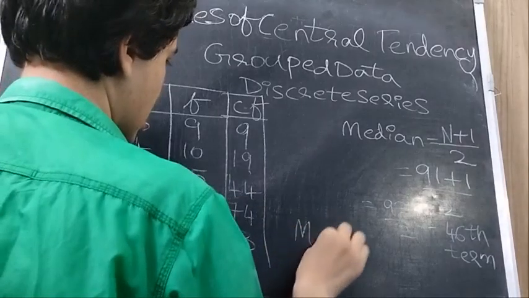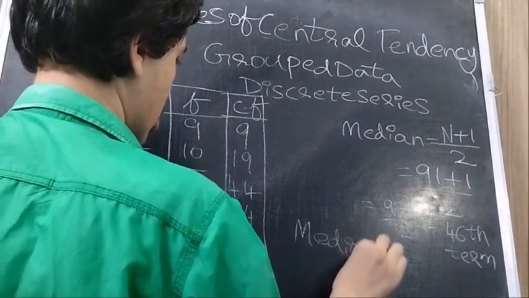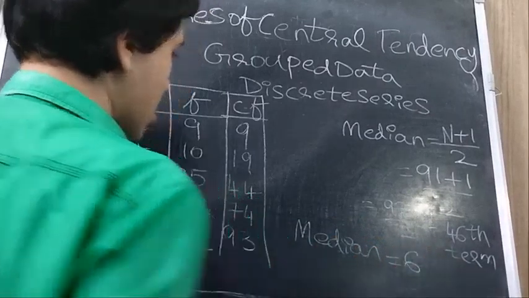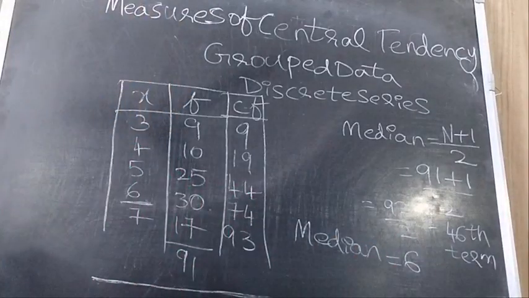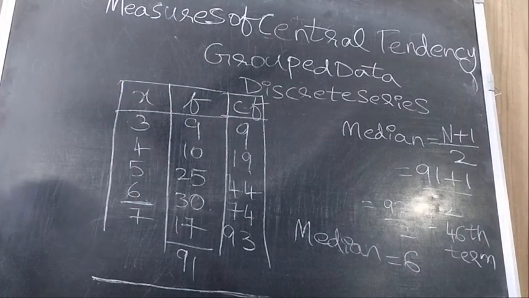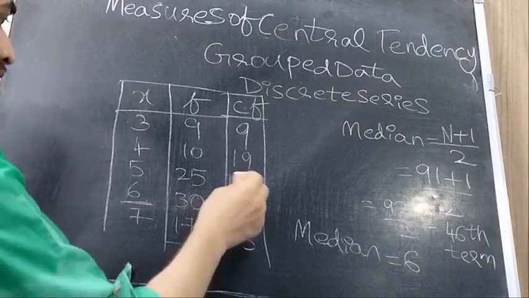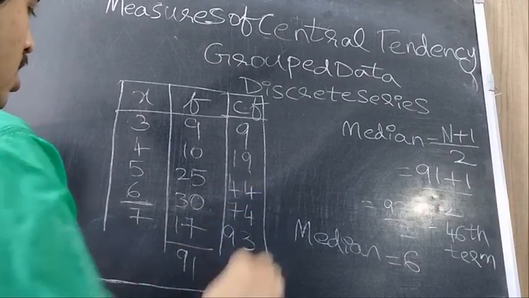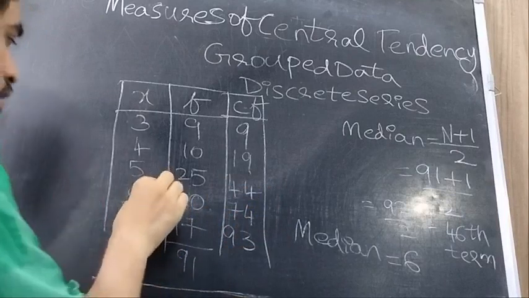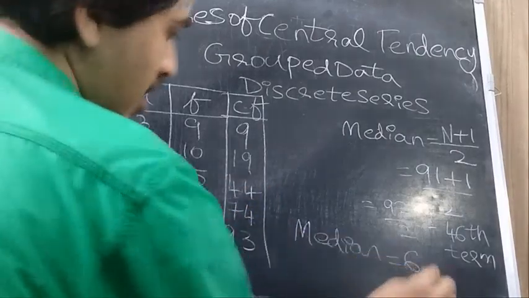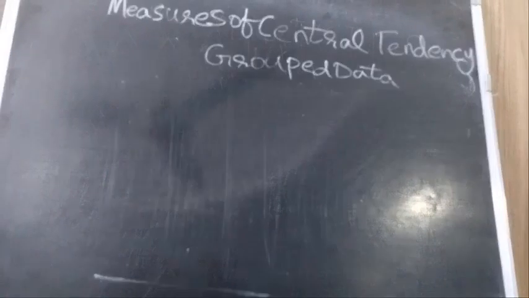So here the median is 6. First we find the cumulative frequencies, then the n plus 1 by 2 value, then see where it coincides in the cumulative frequency, and the value there is the median, that is 6 here.